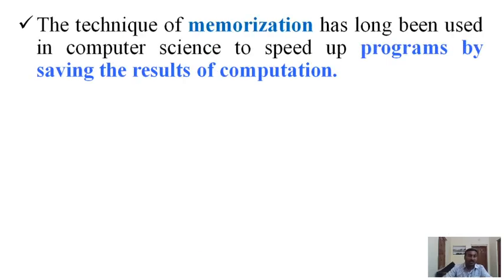The technique of memoization has long been used in computer science to speed up programs by saving the results of computations. So in the computer environment, why are we using memoization? To speed up the program by saving the results of computations.